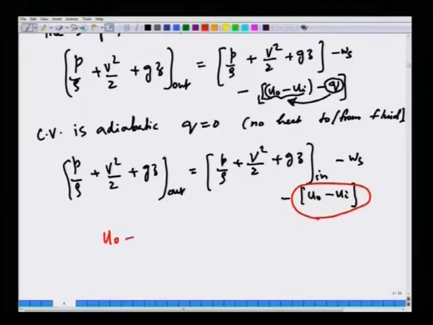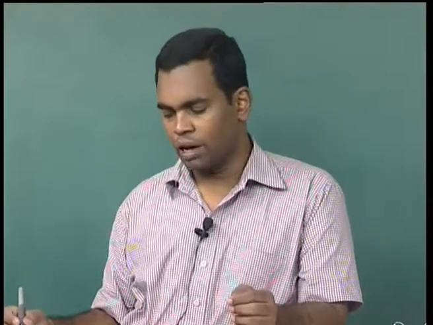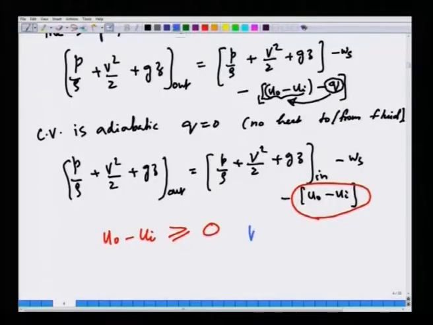Okay. So, U out minus U in is always greater than or equal to 0. The equality happens when you consider a fluid with 0 viscosity. Of course, there is no real fluid with 0 viscosity, but if you consider a hypothetical or ideal fluid that has 0 viscosity, then you will have no conversion of mechanical energy to internal energy. This is called the viscous dissipation of energy.